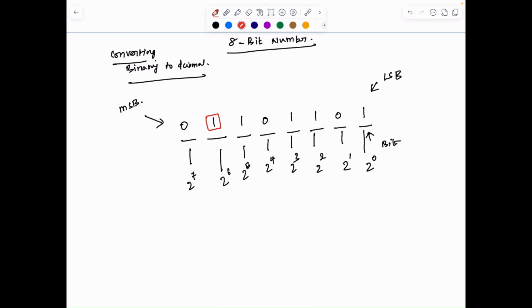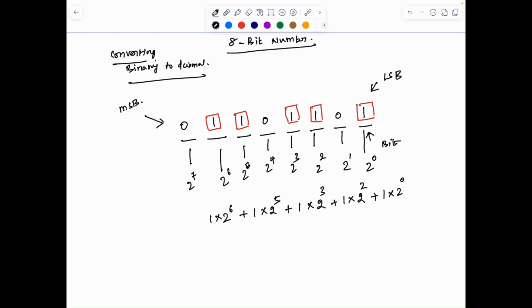So I'm going to consider only the bits which are actually representing value. Here I have 1 at 2 power 6, 1 at 2 power 5, 1 at 2 power 3, 1 at 2 power 2, and 1 at 2 power 0.